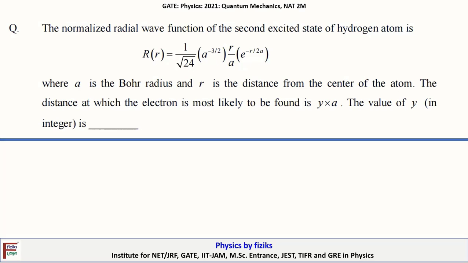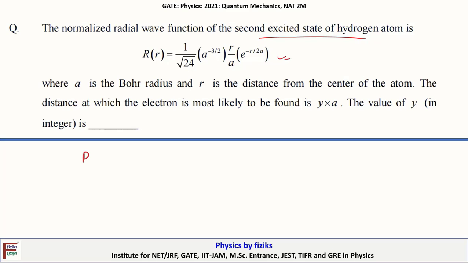In this problem, the normalized radial wave function for the second excited state of the hydrogen atom is given. The question is asking you the distance at which the electron is likely to be found. We have to determine at what point the probability density is maximum.